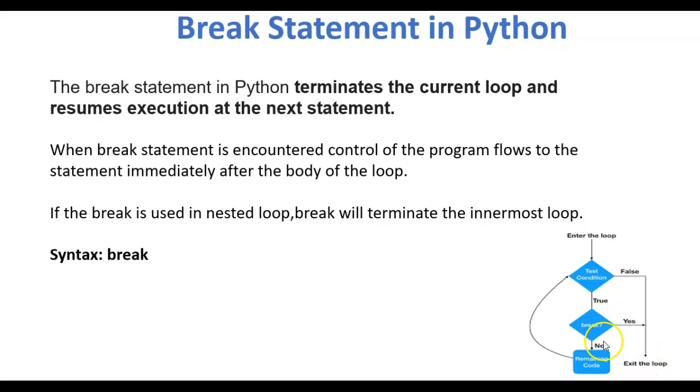But if the break is not encountered, it goes back to the test condition and again checks whether it is true, and again checks whether the break statement is there or not. If the break statement is there, it will come out of the loop. If the break statement is not there, the remaining code gets executed. Hope you understand, right? So the break statement is used to come out of the loop, or to terminate the current loop and resume the execution at the next statement.